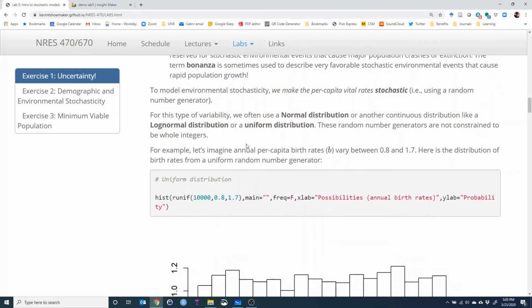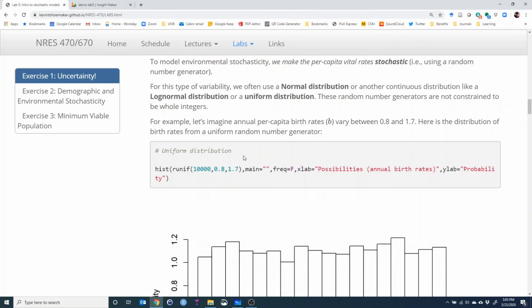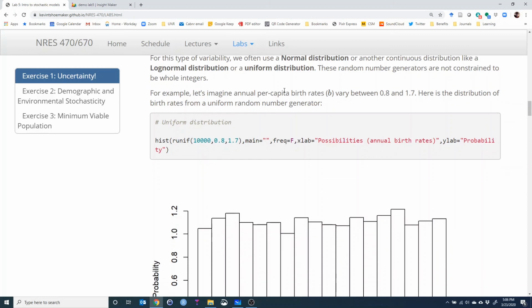So in general, to model environmental stochasticity, we'll make the per capita vital rates drawn from random number generators. And we'll use something like either a normal distribution or another continuous distribution like a log normal or uniform distribution to represent the per capita vital rates changing from year to year. So we can imagine annual per capita birth rates varying between 0.8 and 1.7.